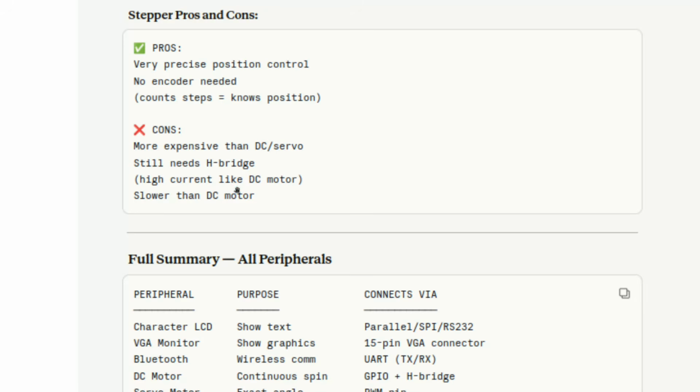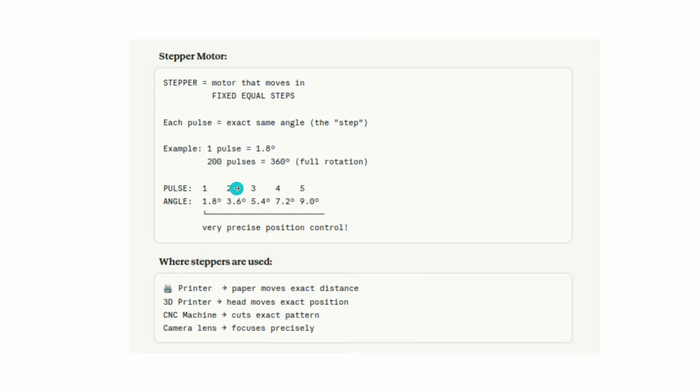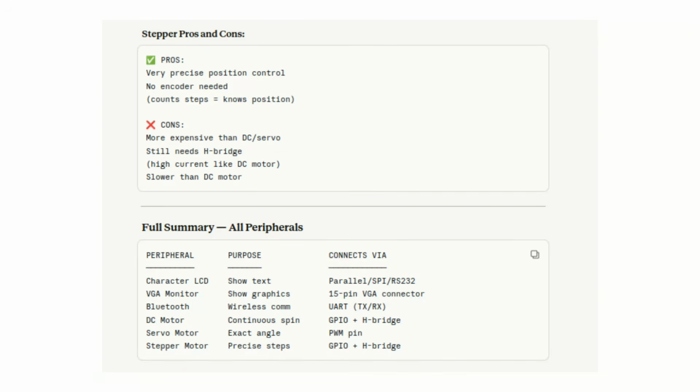Very precise position control is there, and we don't need an encoder. We don't need to count the steps because we know the position. Because each step has the exact same angle, we know the position. We don't need an encoder to count how many steps it has got, and we can precisely calculate the position.